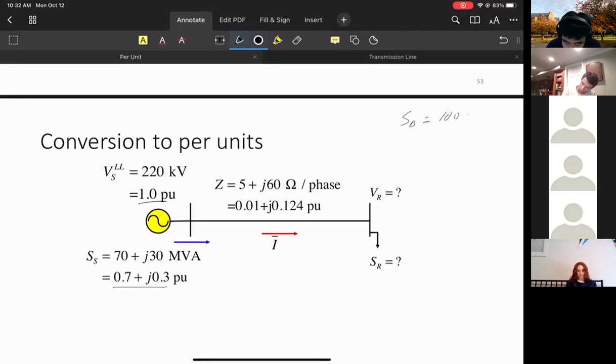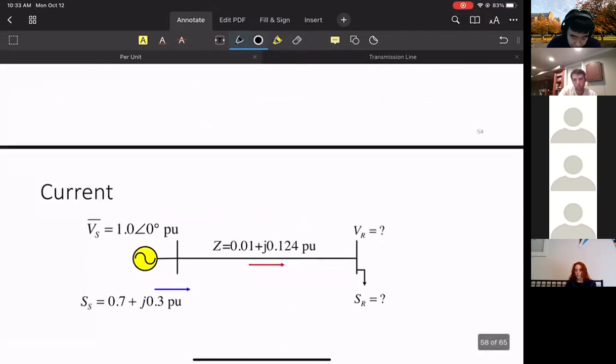As a reminder, we can write down the base units we have used. After that, we just divide the ohms, and we get everything per unit. Now we want to do all the calculations per unit.